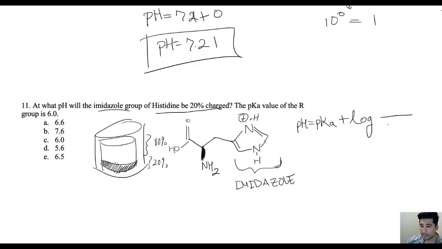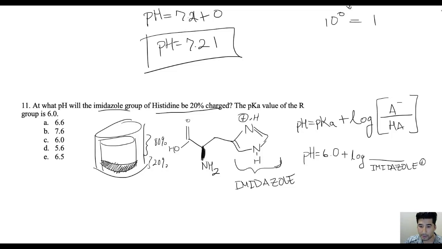So acid goes on the bottom, conjugate base goes on the top, and I'm going to modify this based on what we are given. We know that the pKa of the R group is 6.0, plus log of imidazole plus, because that's the charge on this imidazole group when it's protonated with this nitrogen.